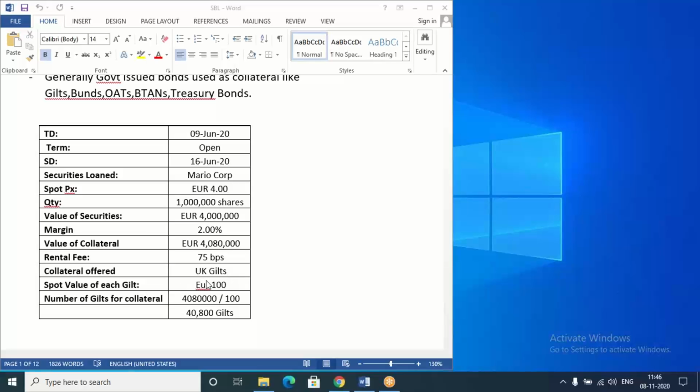In the market, each gilt is valued at 100 euros. So the number of gilts you have to give as collateral is this collateral value divided by 100. So the borrower has to post 40,800 gilts to the lender. Is this clear?